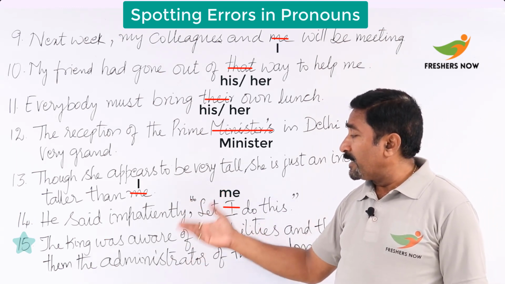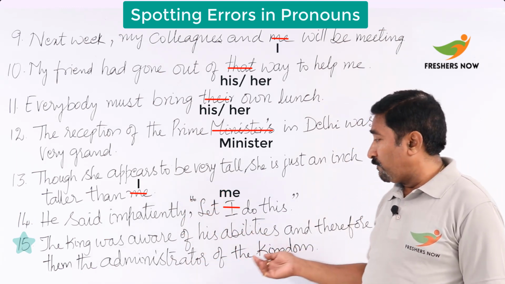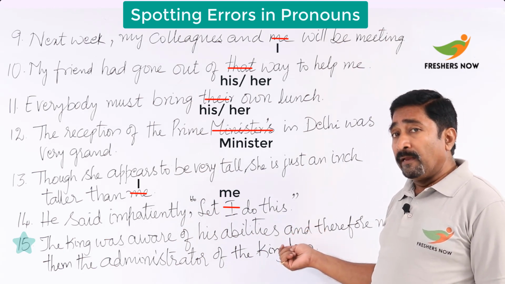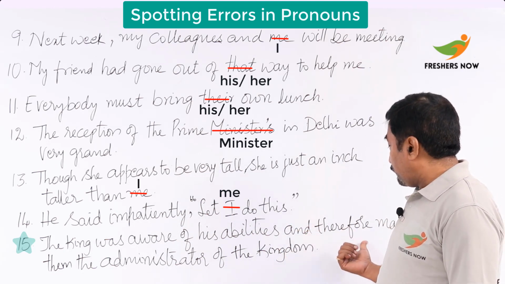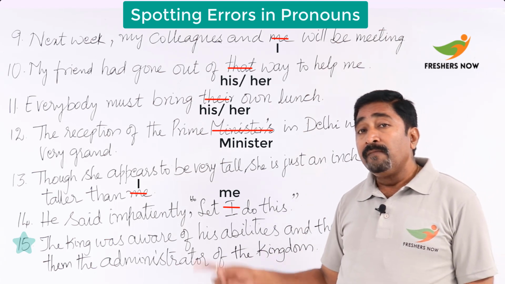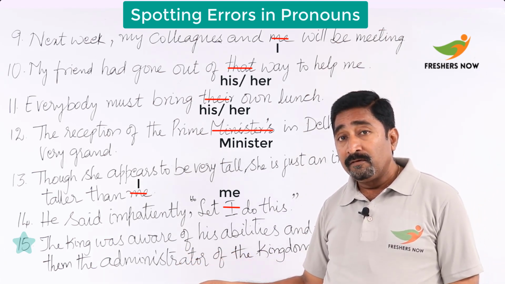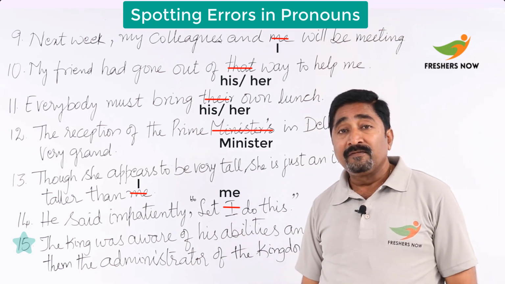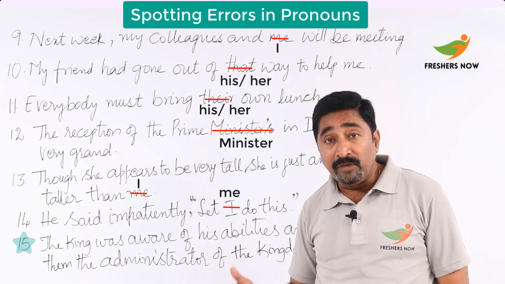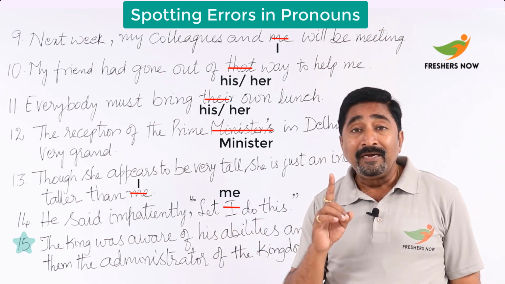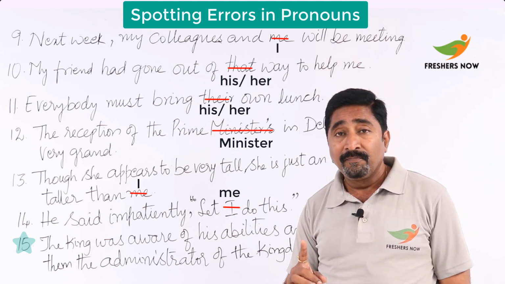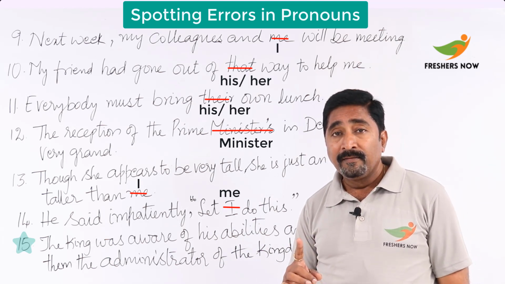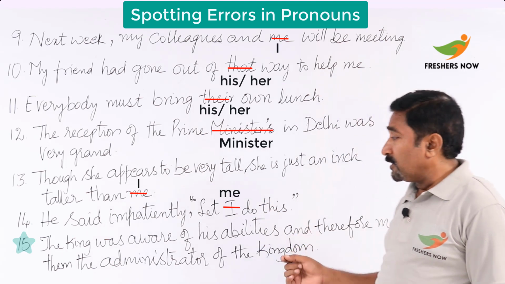The king was aware of his abilities and therefore made them the administrator of the kingdom. You can understand, administrator is referring to a singular person. So we should be careful in understanding this.